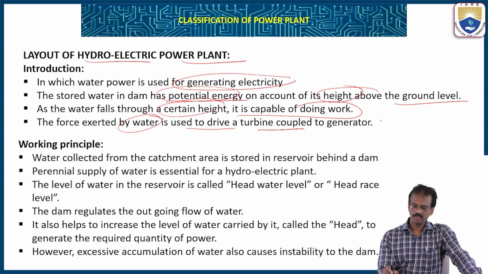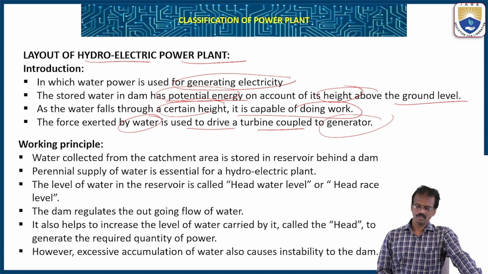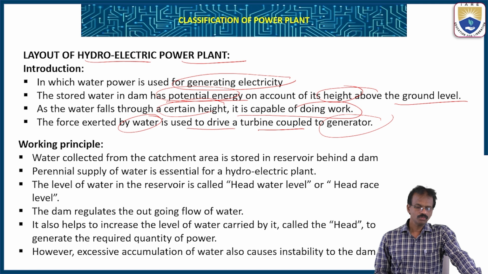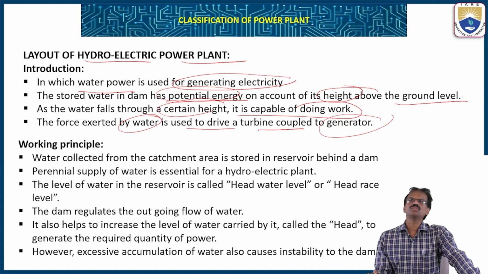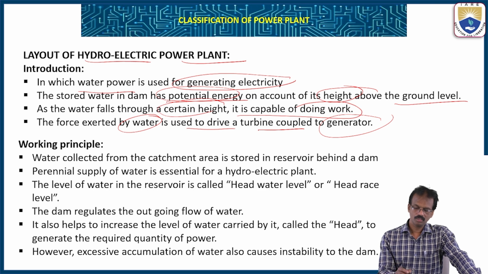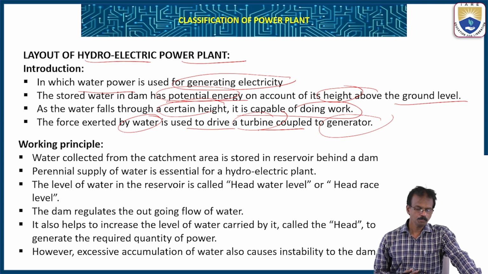Automatically the generator also works, and the power generation takes place. So this is the process. It means the water power, or potential energy of the water, is converted into electrical energy, because this potential energy of water is used to run or drive the turbine. Due to the rotation of the turbine, power will be generated.